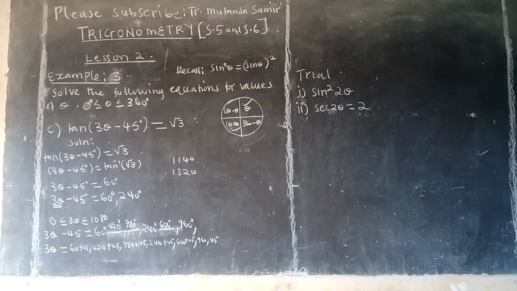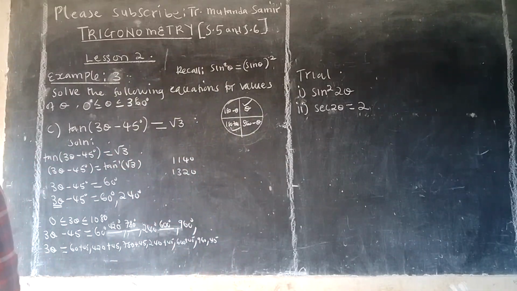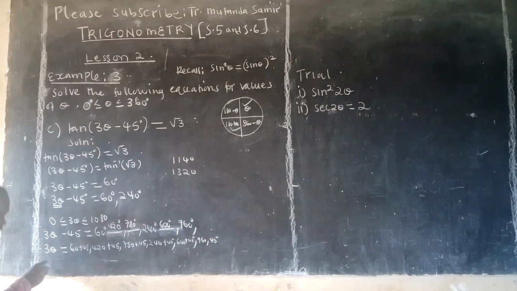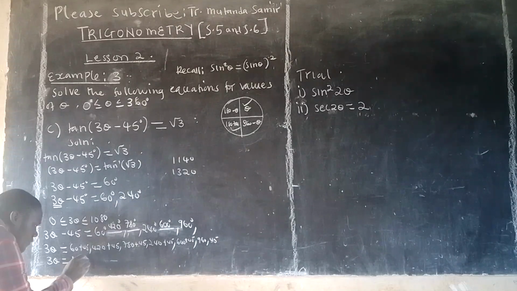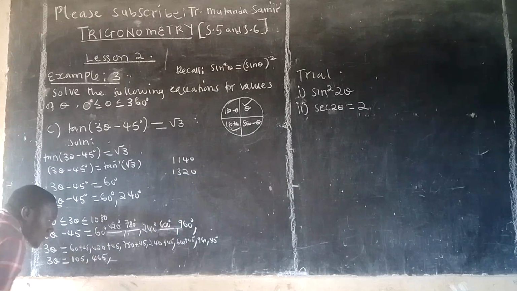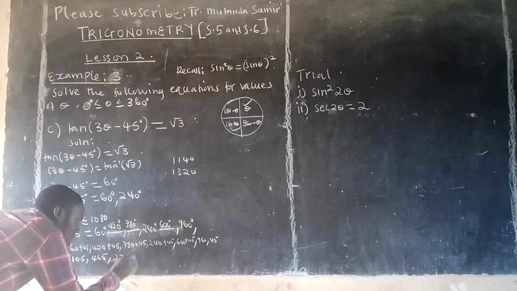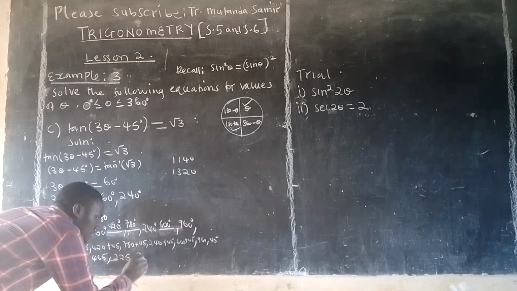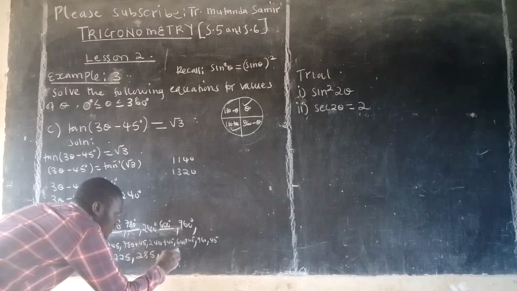Which answer are you now going to have in the long run? So here we're going to have 3 theta is now equal to 105, 420 plus that will be 465, that will be 825, that will be 225, 240 plus that will be 285, then 600 plus that will be 645.